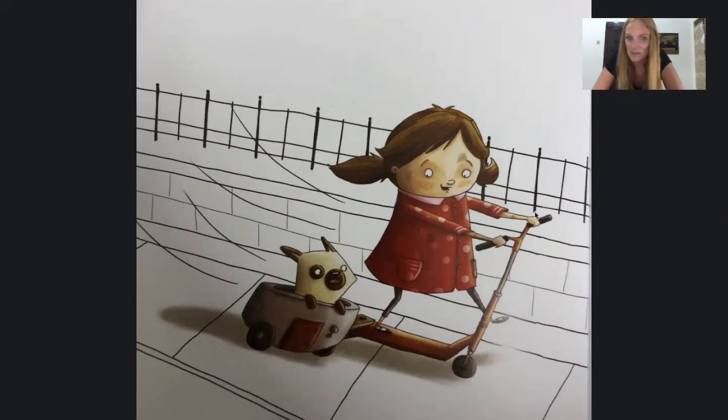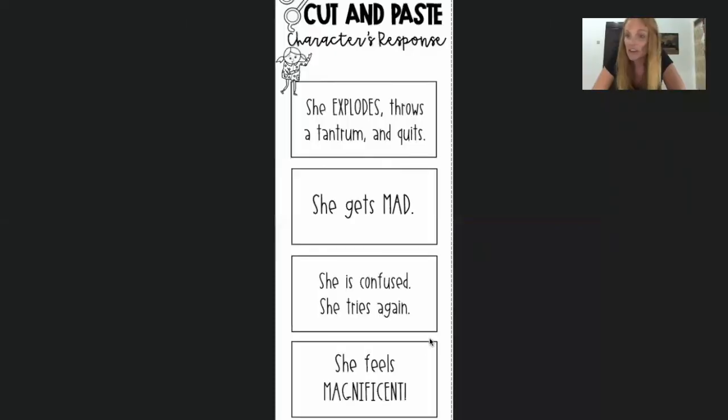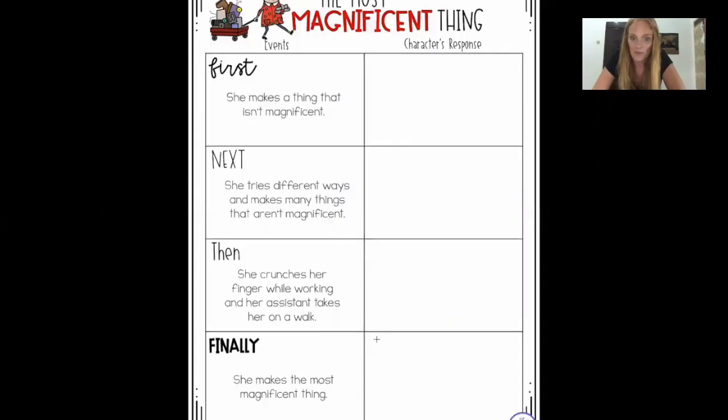She feels magnificent. Happy, amazing. Yes. In the end of the story, she feels magnificent because she made the most magnificent thing. So for the last one, we're going to cut this box here, and we're going to glue it here.